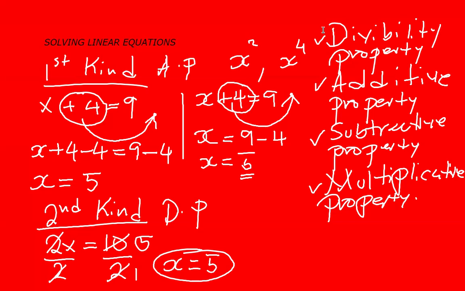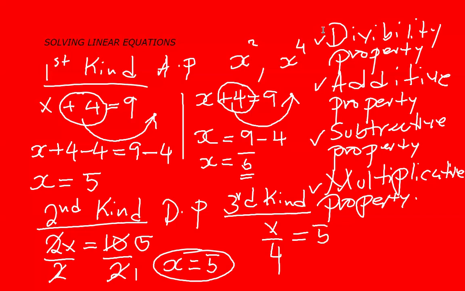Now, let's see how you can use the multiplicative property in solving linear equations. For example, if you had a question like this, x over 4 is equals to 5.